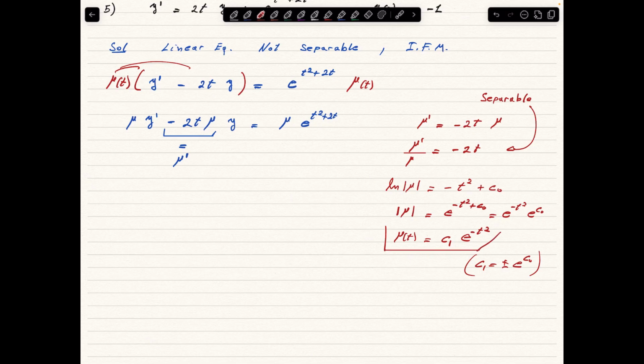Okay, that is the group of functions proportional to this exponential that we need to use to solve this linear equation. So let's use them.